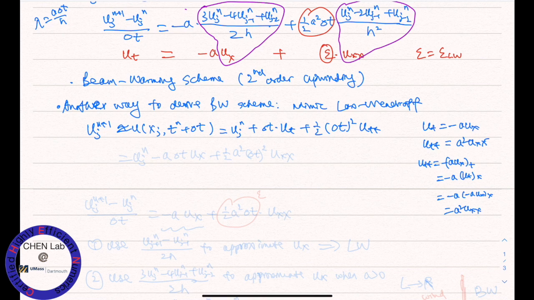Alright? So this then is u_j^n minus a delta t u_x plus 1/2 a squared delta t squared u_xx.